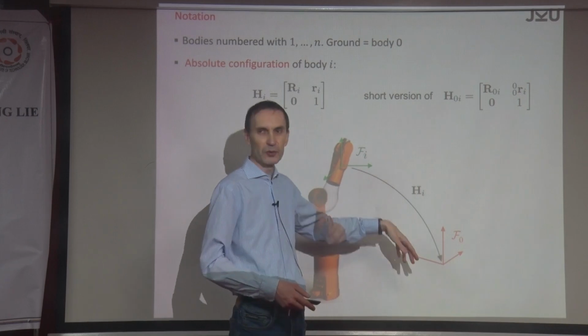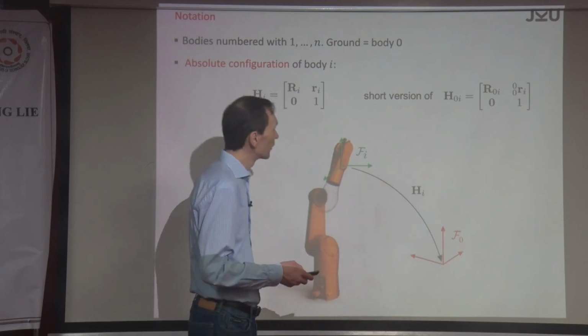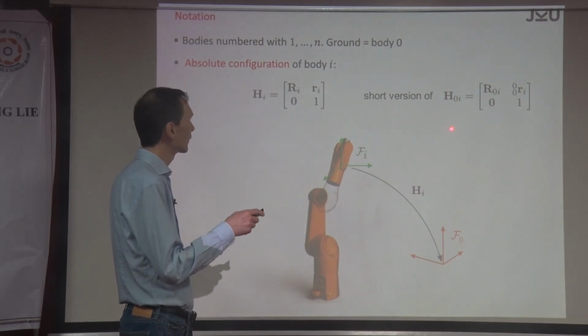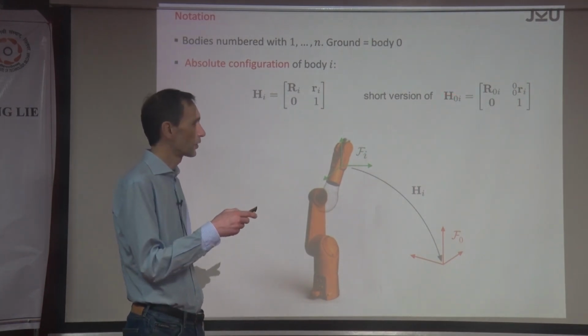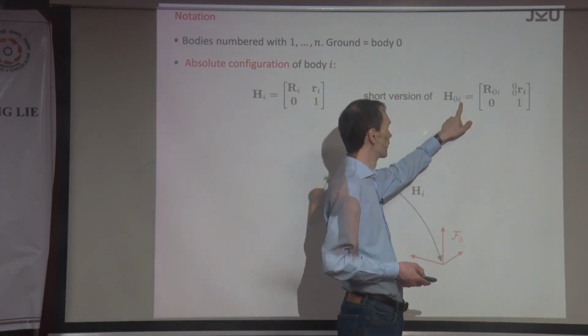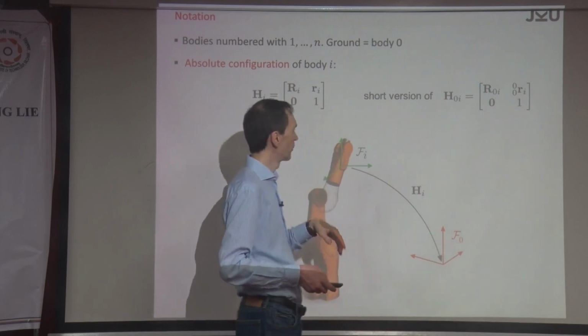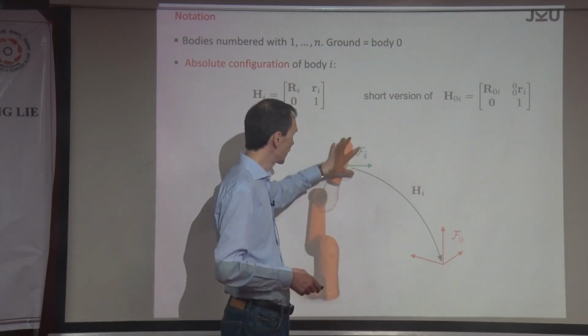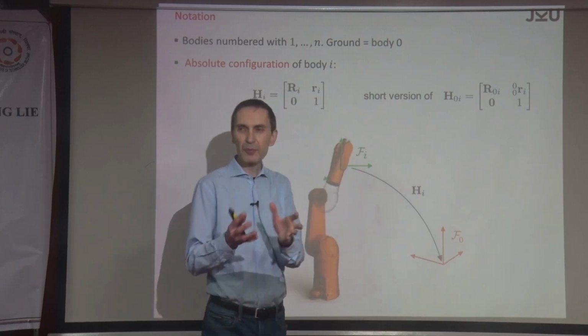And of course we use a homogeneous matrix. The notation we introduced yesterday is that H, let's say Hj I, is the transformation from I to j. For our case now, we are interested in what we call the absolute pose.